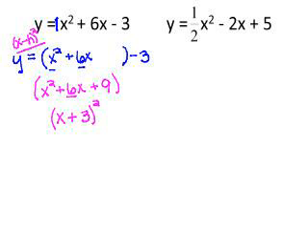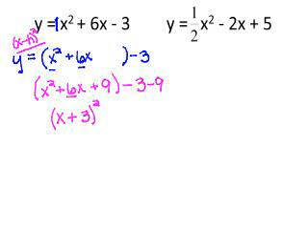Remember we took half of the 6 and squared it. That now changes the value of our quadratic, because I just added 9. You can't just add 9 to something and then have it look the same, so I've got to counterbalance that. On the outside of the parentheses, we're going to put a minus 9.